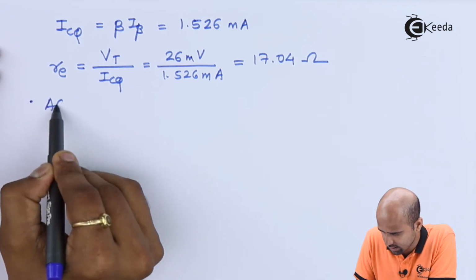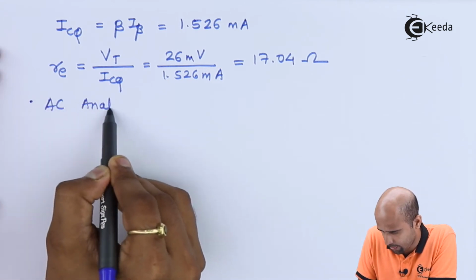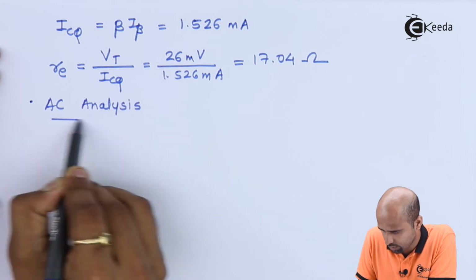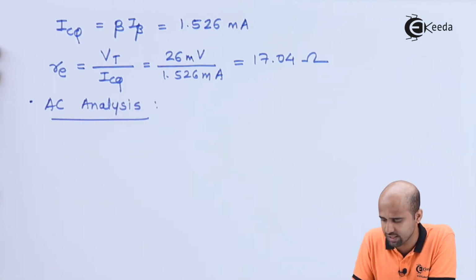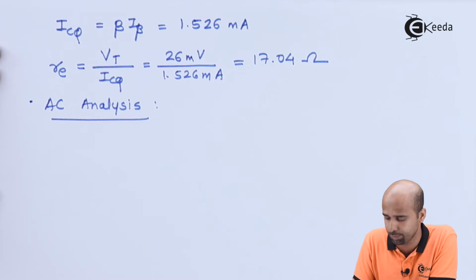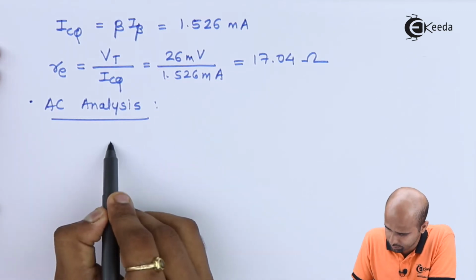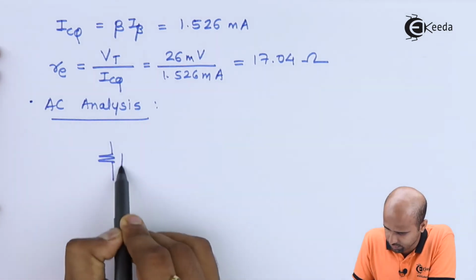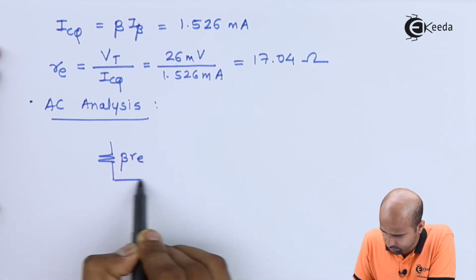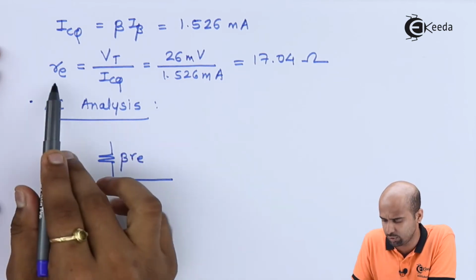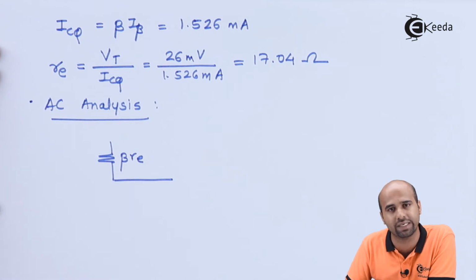Next is AC analysis. In AC analysis, we'll directly draw the AC equivalent model quickly. This is your value of beta re. You can draw the r pi model as well, and then calculate the value of r pi as beta re.